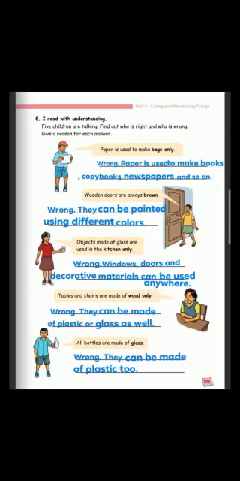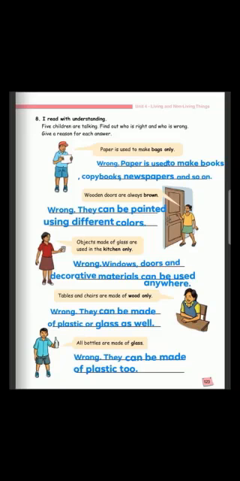Paper is used to make books, copybooks, newspapers, and so on. Second child. Wooden doors are always brown. Wrong, because they can be painted using different colors.